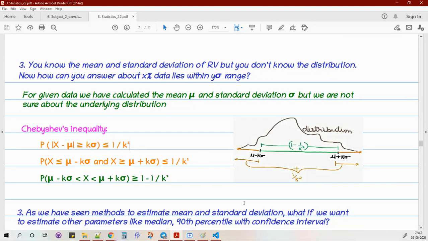There was a simple numerical in the mid-sem also: using Chebyshev's inequality, find the probability of x being in the 2 sigma range. So k was given, and we need to find 1 minus 1 by 4, like that.